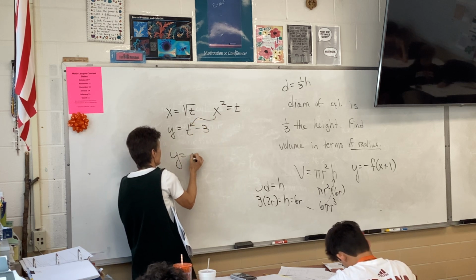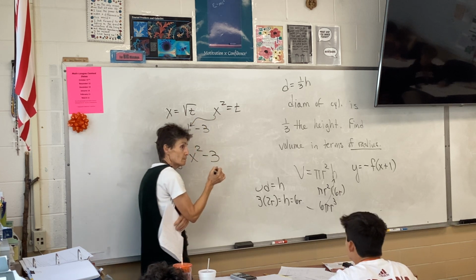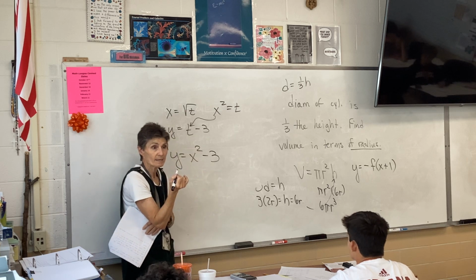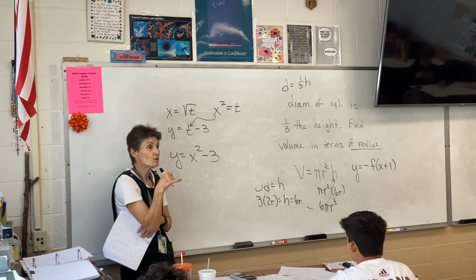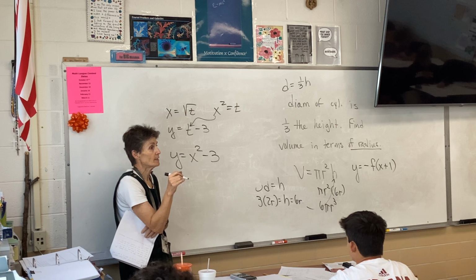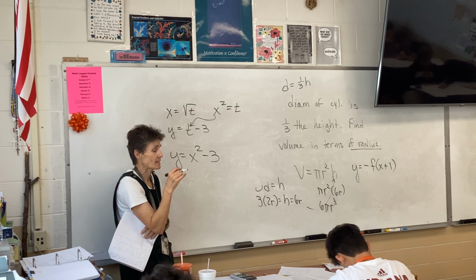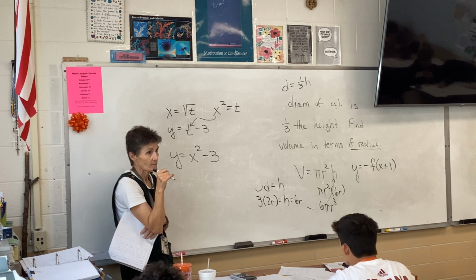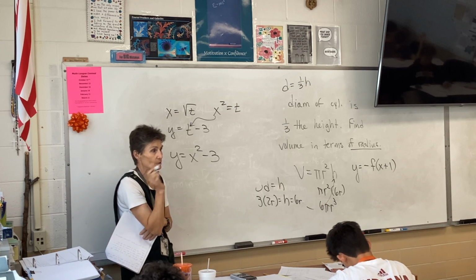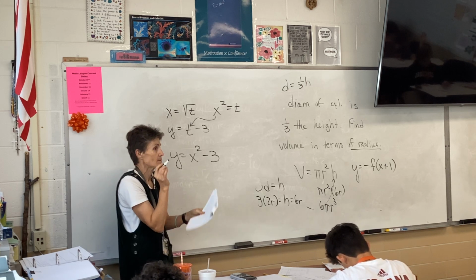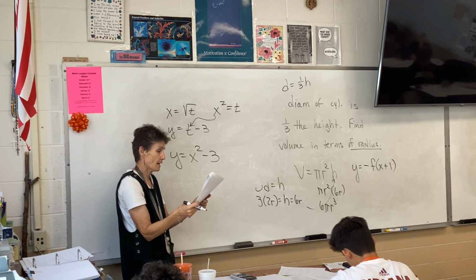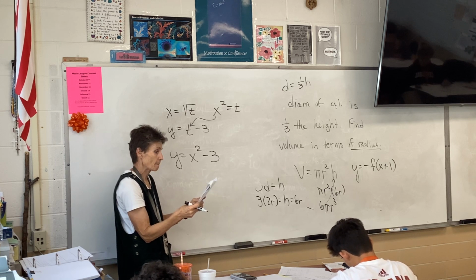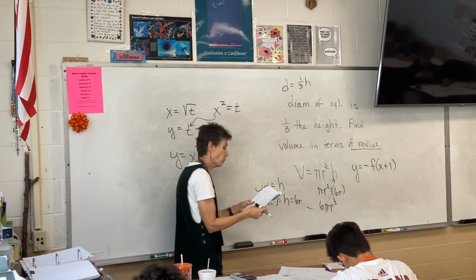So y equals x squared minus 3 would be my answer. When you have to write an equation in x and y, and that's the way it's worded on the test, that means get rid of the t's. Do something to get rid of the t's. So we substituted them out.